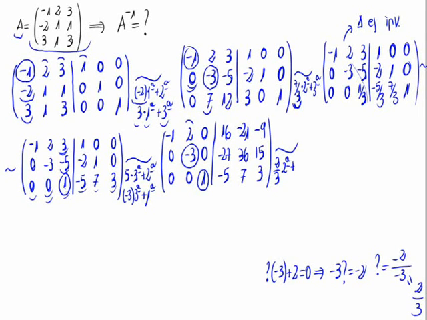Then we would do 2/3 times the second plus the first. As the third does not intervene with it, we copy it. The second, as it is the one making the zeros, we copy it. We always have to copy the one that makes the zeros. And now we copy 2/3 times the second plus the first.